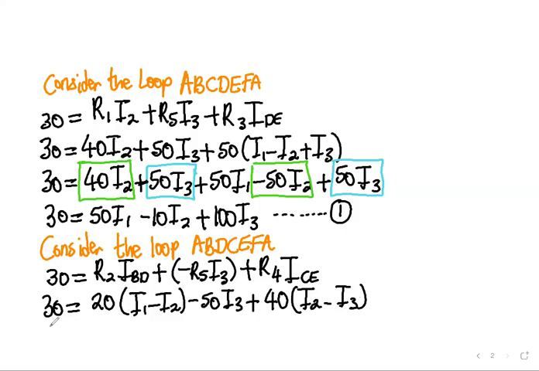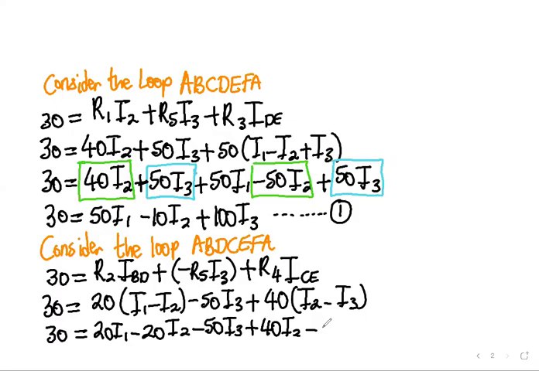So from here you're gonna say 30 equals 20 times I1, which is 20 I1, then 20 times negative I2, that will be negative 20 I2, and then minus 50 I3 plus 40 I2, and then minus 40 I3. And then from here, what you basically do is pair like terms.